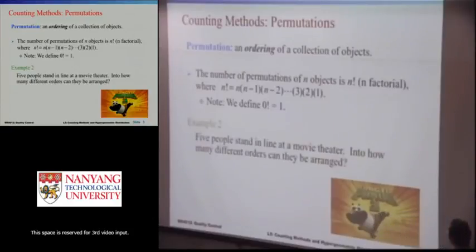So if we have 5 people standing in a line at a movie theater, how many different orders can they be arranged in? The order here means that if we have A, B, C, D, E, 5 people, A, B, C, D, E is one order, E, D, C, B, A is another order, right? So how many orders can they be arranged in?